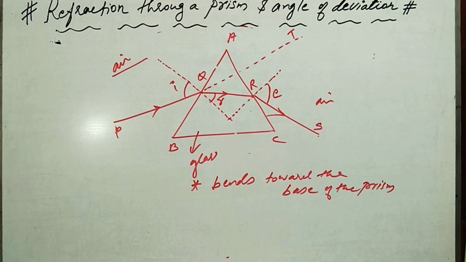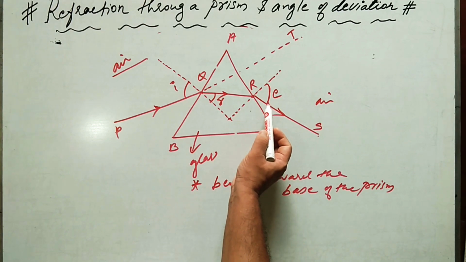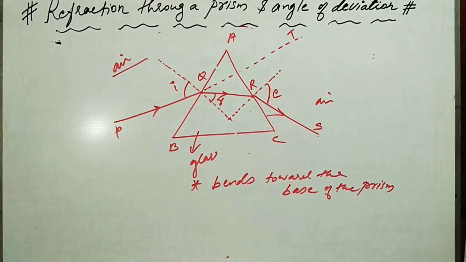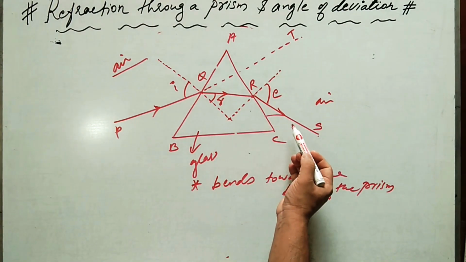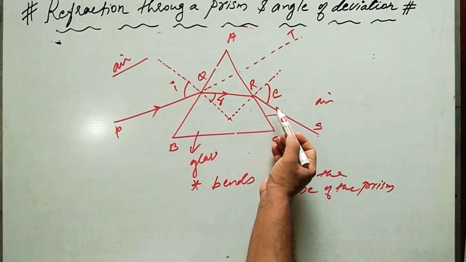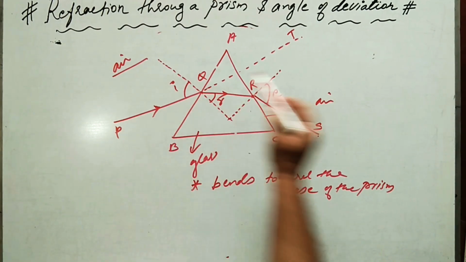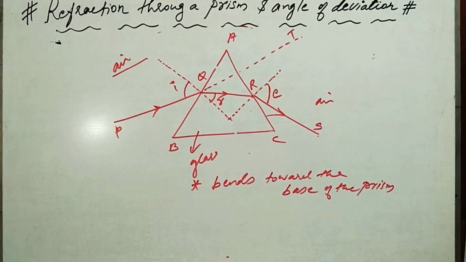Now, how do you find out the angle through which the emergent ray has shifted from its original path? Obviously the emergent ray has turned through a certain angle and deviated from the original path of the incident ray. How do you find it out? So take the help of geometry.